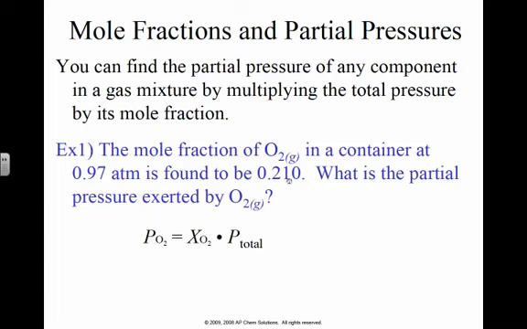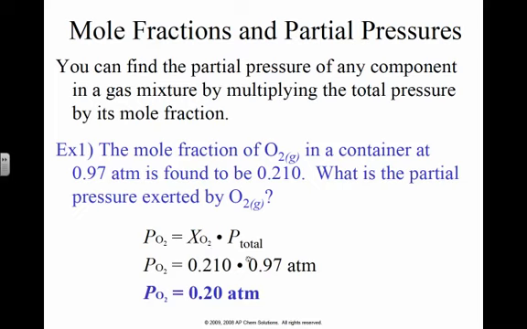Well, isn't this telling me that this container is 21% oxygen? Well then, 21% of my total pressure comes from oxygen. So I'm going to simply take the 0.97 times my percentage, or my mole fraction, and get 0.20. So out of the 0.97 atm pressure, 0.20 of it comes from oxygen.